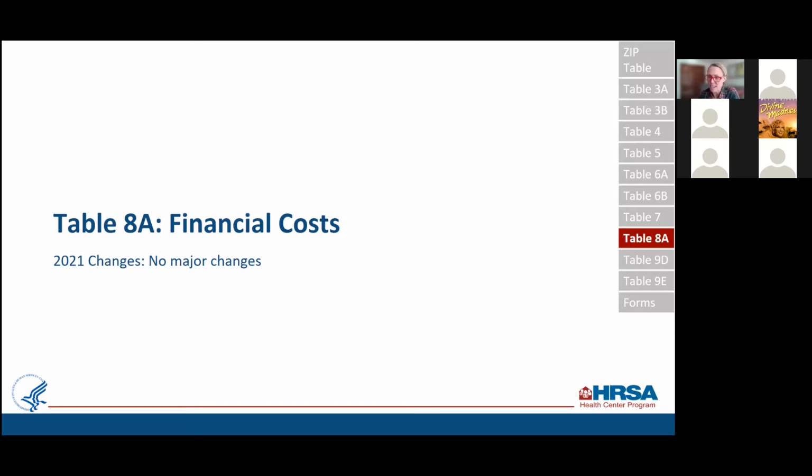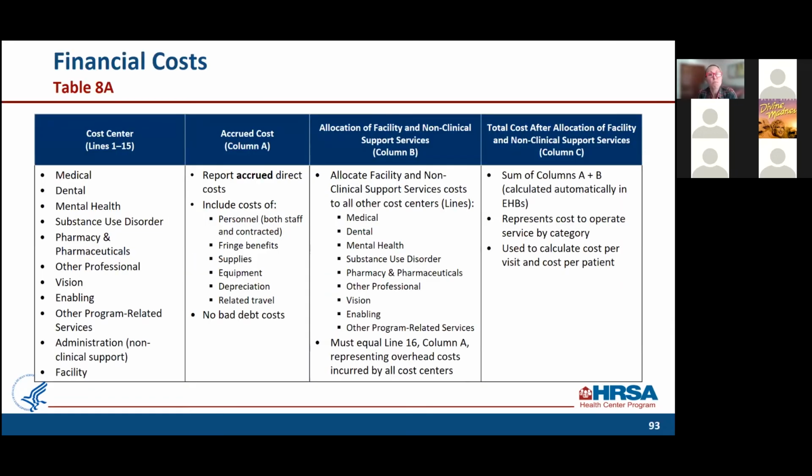So table 8A. This table 8A presents cost data by service area or cost center and does so on a full accrual basis. If costs were incurred in 2020, then they're reported on table 8A. Cost centers are uniformly defined, which permits comparisons that would not otherwise be available from traditional financial statements.